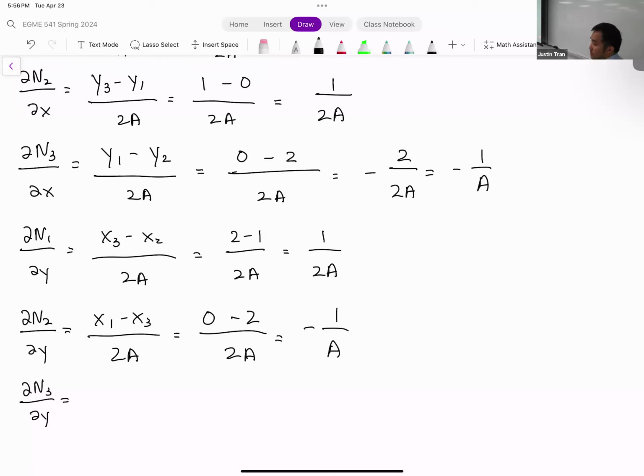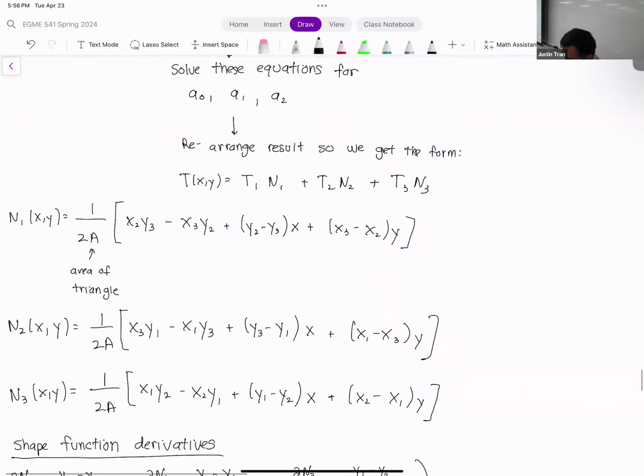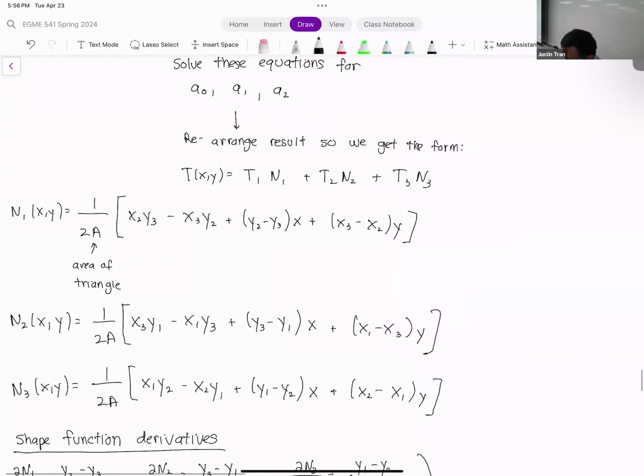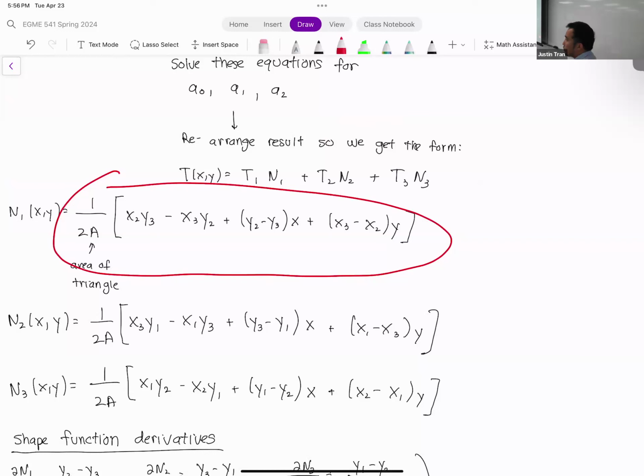Why is it 1 minus 3 for y, but 3 minus 1 for x? Yeah, it's because of the exact forms of the shape functions. Granted, we did skip these derivations, but if you look back at the previous notes, n1 looks like this. When you take the derivative of that with respect to x, we get y2 minus y3.